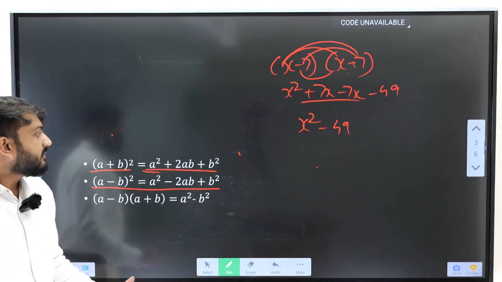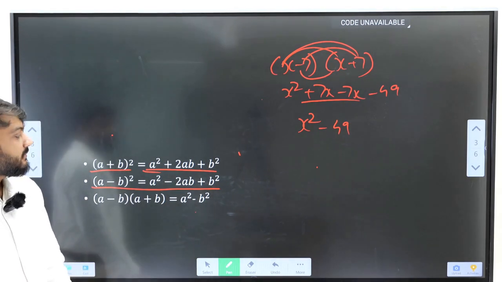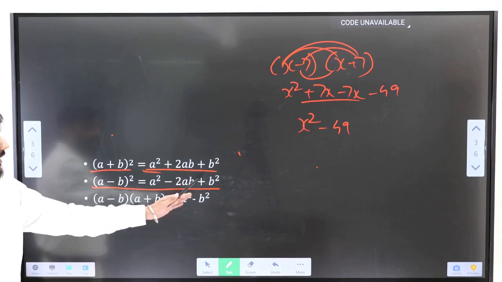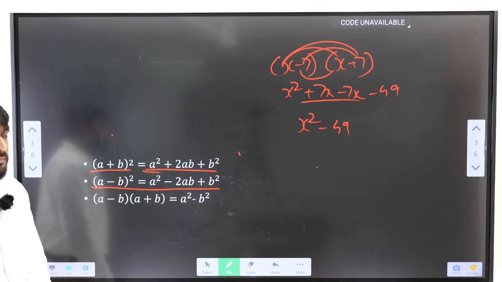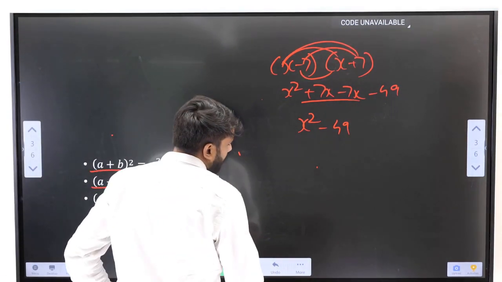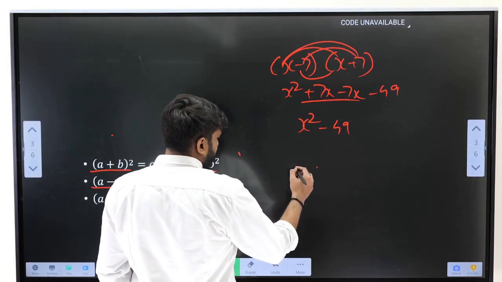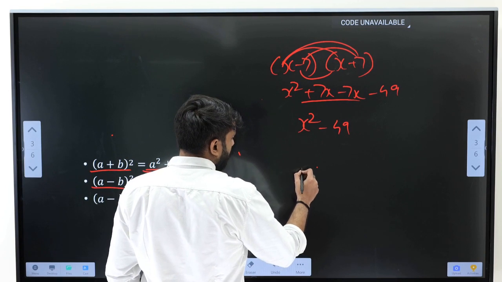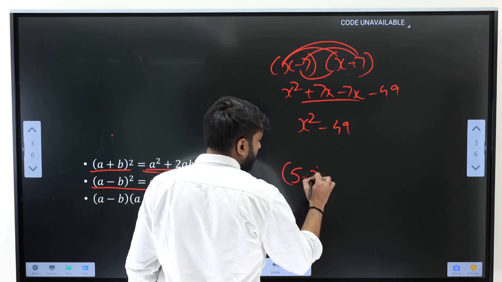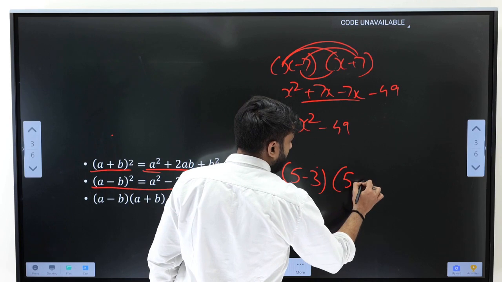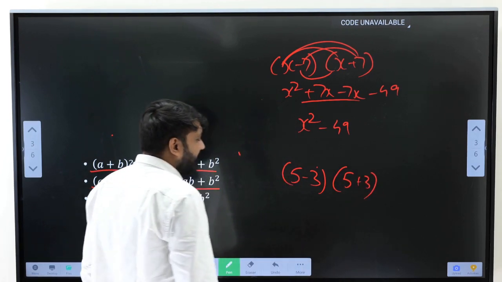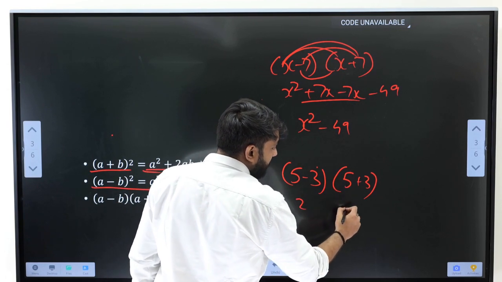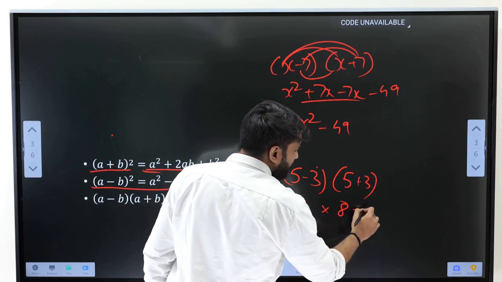So next time you see numbers like this, you can just write them as a square minus b square. Just square whatever a is, square whatever b is, and leave a negative sign in between. Okay, let's say I had (5 minus 3) into (5 plus 3). In that case, I could just open up the brackets with 5 minus 3 being 2 and 5 plus 3 being 8. 8 into 2 is 16.